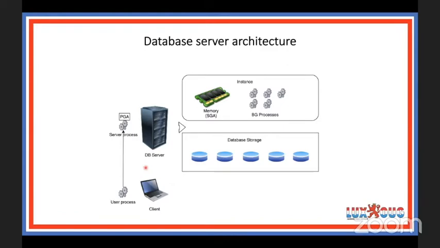Client sends the packet to the database server process, and what happens now is the user process is started on the client side. The corresponding server process, if it's dedicated server environment, is started on the database side, which has a program global area, the area which is not shared by other server processes.